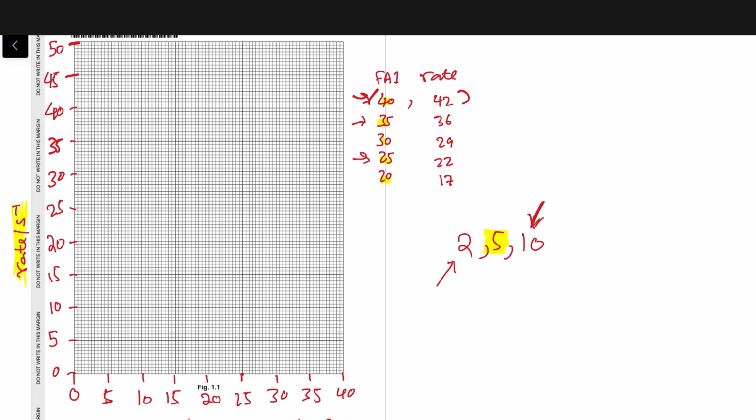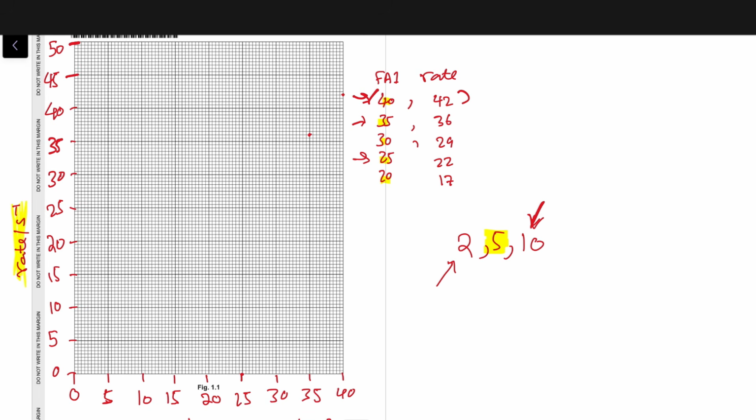So we have 40 and 42, which would be up here. Then we have 35 and 36, which would be around here. Because we went up in 5s, each little box means 0.5.